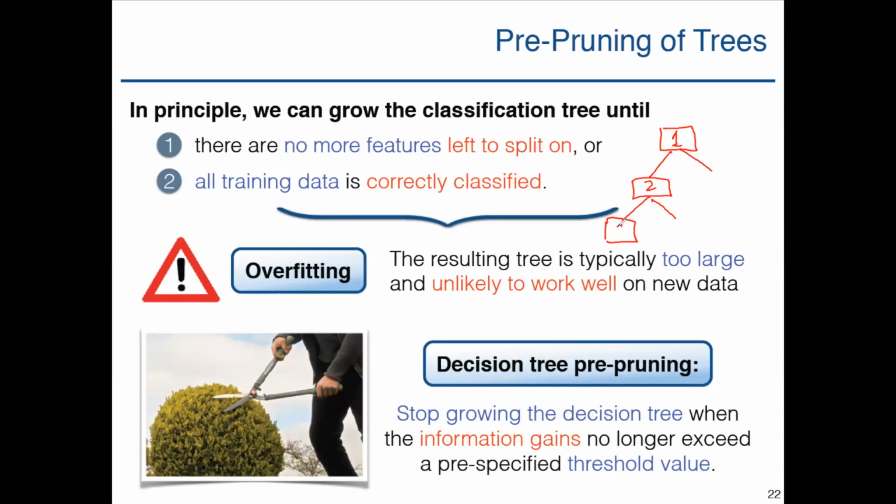Then let's say at this point, the information gain that you're getting for the next step is very low. Let's say it's 0.01. Let's say आपके threshold से वो बहुत कम है, ठीक है? So you may choose to just stop at this point in terms of growing the tree further from this point onward. You would just stop at this point.